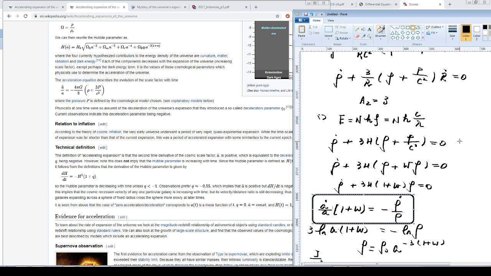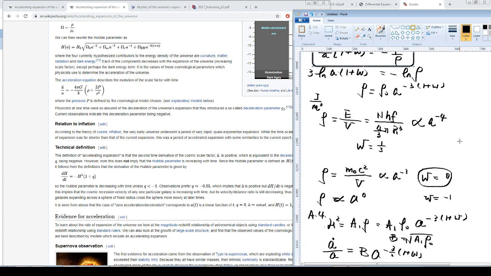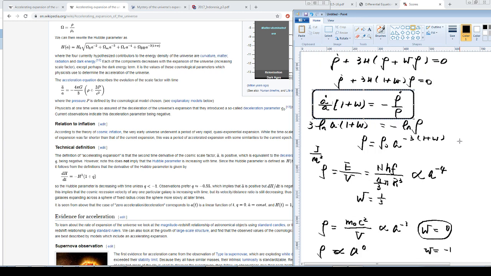Wait, doesn't that mean rho is constant?